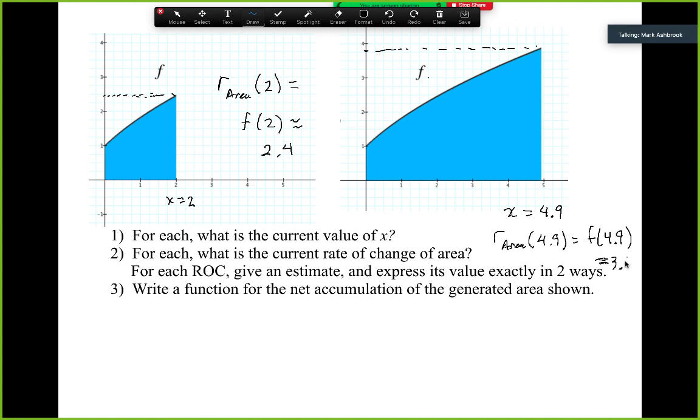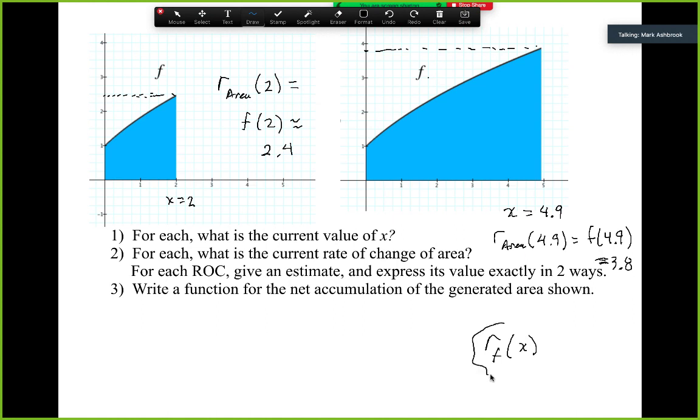Any questions before the quiz? Sorry, could you make that point again about the rate of the changing area? Sure. The rate of change of area at 4.9 is equal to f of 4.9. There's another function. So there's also the function, the rate of change of f.